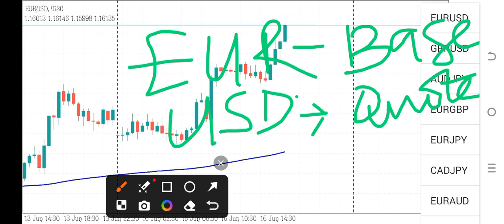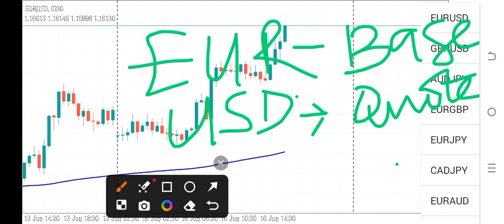Each one needs the other to be traded in the market. So I can trade Euro JPY, Euro GBP, Euro whatever.